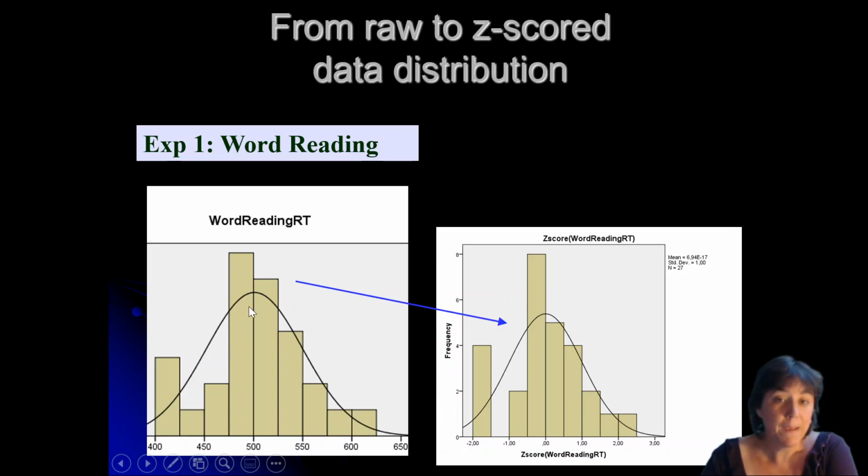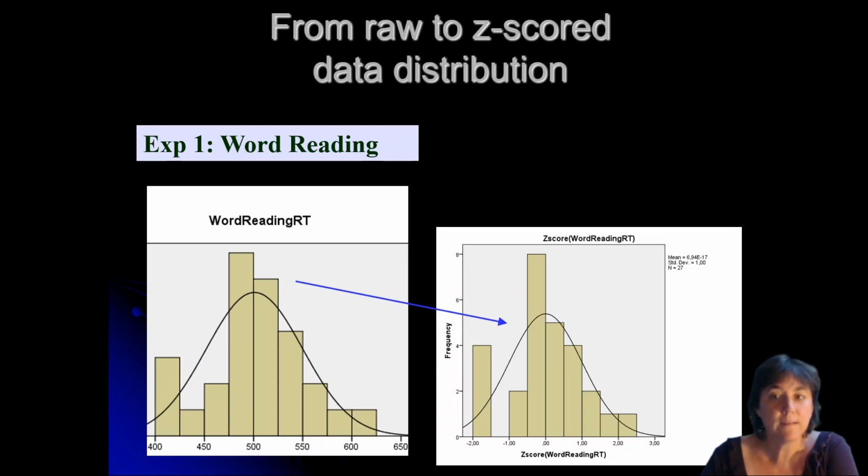Well, basically the shape of my distribution is very, very similar, but please notice here that the average for the z-scores is 0, meaning that ideally the middle point is right at the 0 level. And of course, if it's positive, then it's above the mean. If it's negative, it's below the 0 point, the mean of that specific data set.